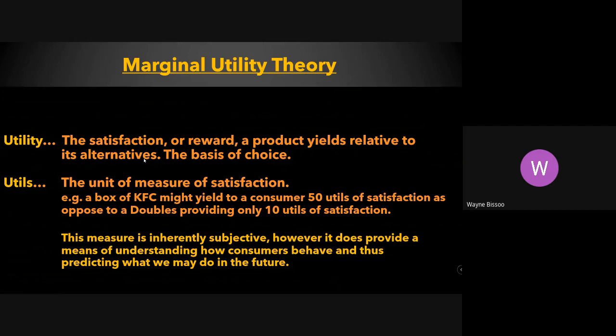Now, as it says here, the measurement is subjective. But the more important thing we want to get from this is that although it's subjective, because two people might value the same good differently, what we can see is what people do based upon how they feel about a particular product.